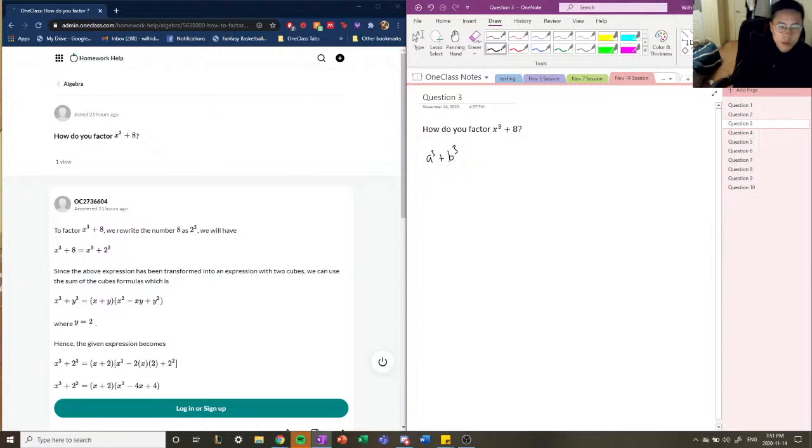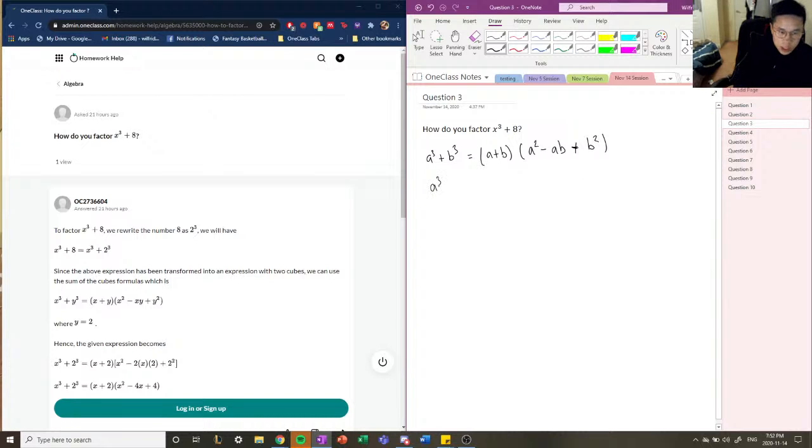So a cubed plus b cubed, if you want to factor it, there's a very neat trick where these are the 2 factors for it, which is going to be a plus b times a squared minus ab plus b squared. So this is the sum of cubes rule. It states that any sum of cubes can be factored into this form.